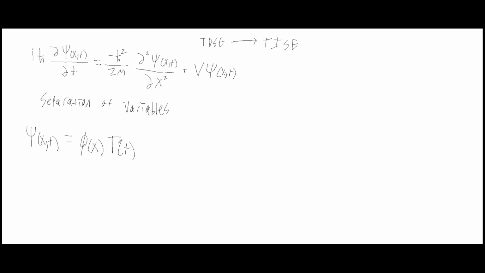Now we've separated our variables into two functions, each of a single variable, multiplied by each other. That is the big hurdle we have to jump over here.